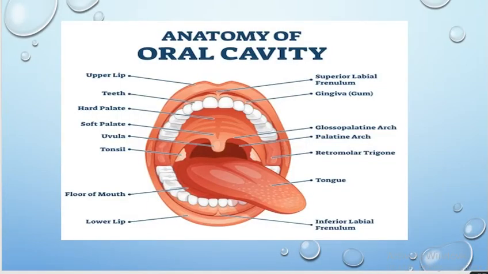So this is the anatomy of the oral cavity. You know that the gastrointestinal system starts from the GIT. In simple words, the GIT starts from the oral cavity, because the oral cavity is the one which helps with the mastication and mixing of the food. So real digestion starts from the oral cavity.